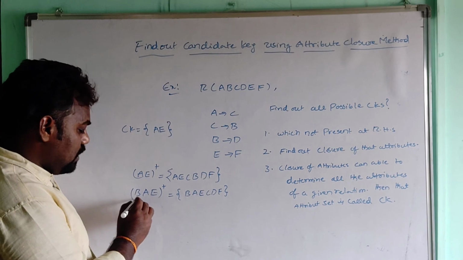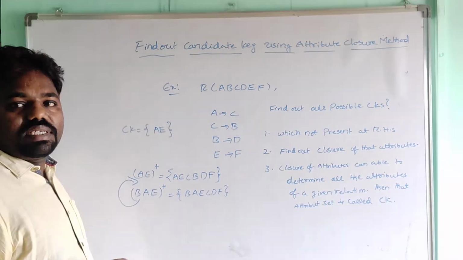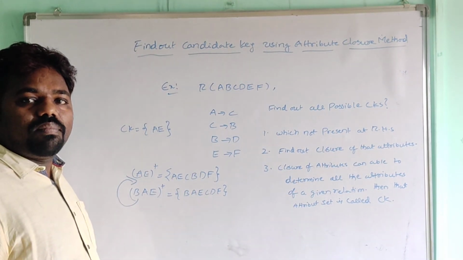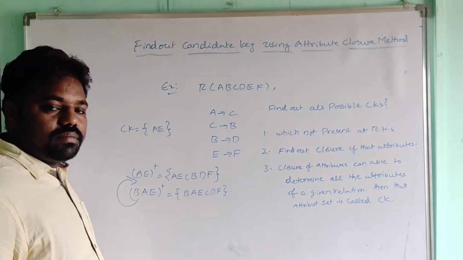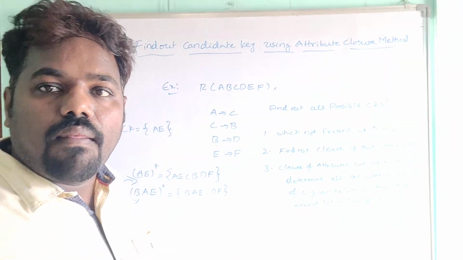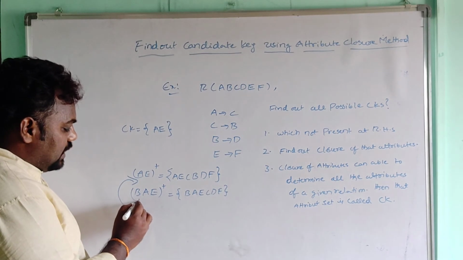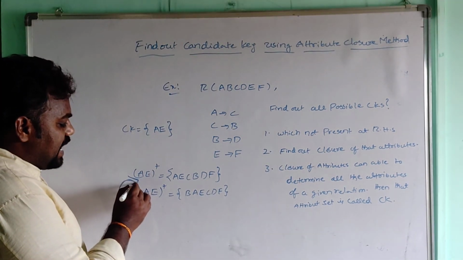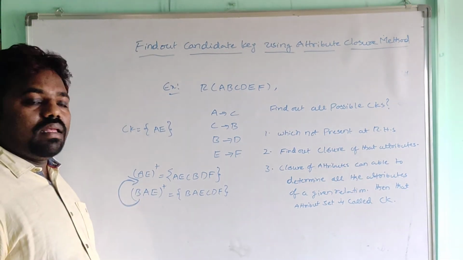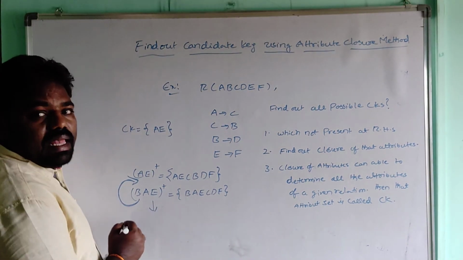But by using a superset like BAE, we can determine all the elements of the given relation, but this is not a candidate key.